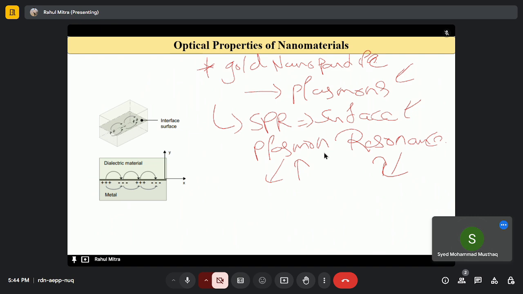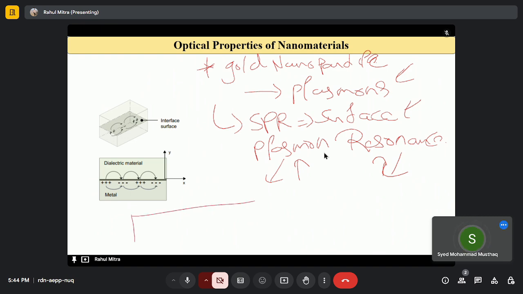So when radiation falls onto the surface, the surface atoms also contain electrons.